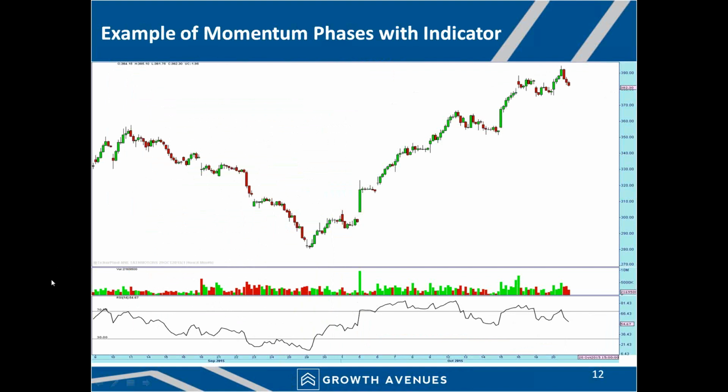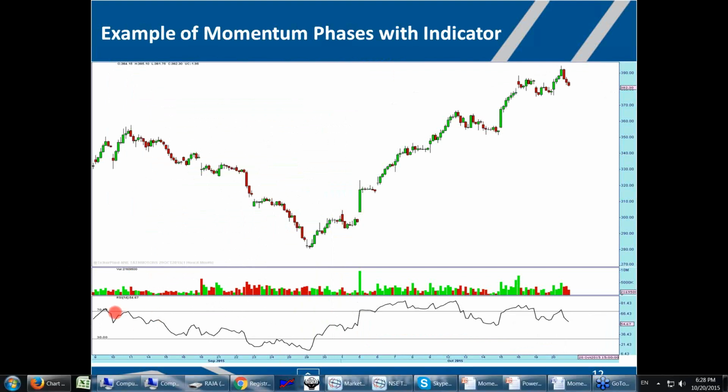I just wanted to show you the same example which we saw of Tata Motors with an indicator. I have chosen RSI today. You could see that the RSI is heading lower. Prices are heading lower, so it's giving you enough indication.